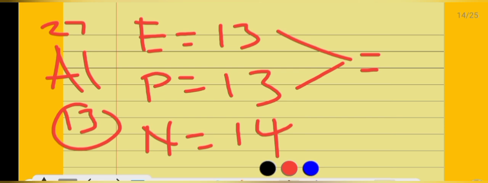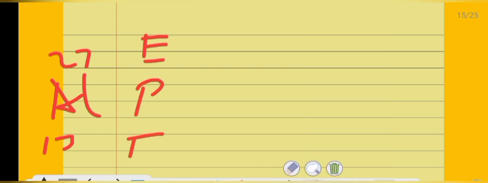So when it gets stable, the number of electrons reduces because 3 electrons from 13 are going to be lost. I hope we understand it. So from the same aluminium, 27 and 13, the electrons, protons, and neutrons are going to be a bit different.